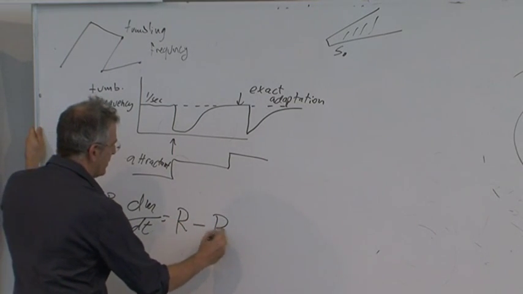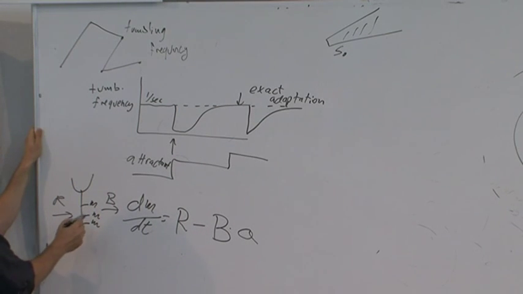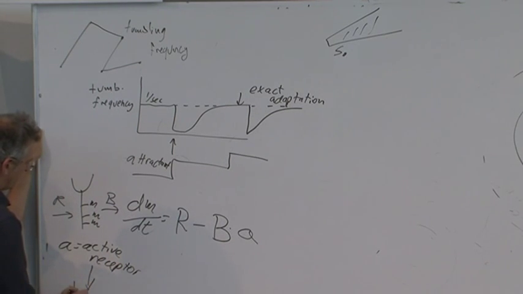And the biochemistry works so that this B only affects the receptors which are in their active state. And these active receptors make the tumbles.